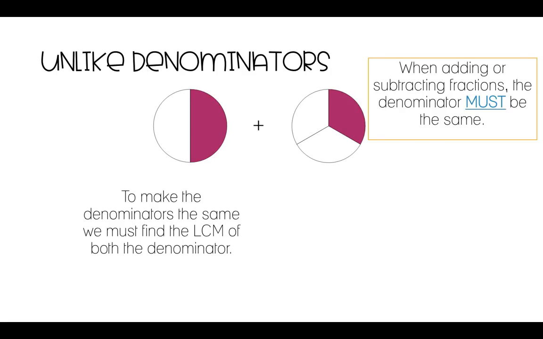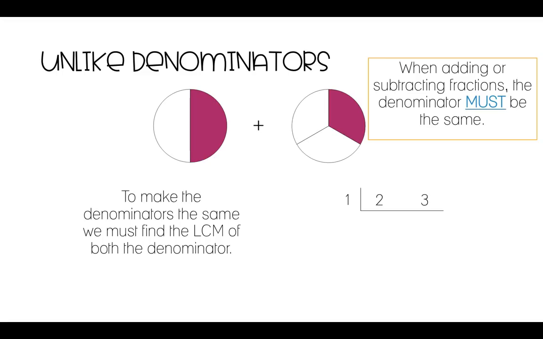So to make the denominators the same, we must first find the LCM of both the denominators. Now you should know how to find the LCM, but I will show you again. So 2 and 3, that's our denominator: 2 for this one because it's 1/2 and 3 for this one because it's 1/3. Now what goes into both of these? Well, 1 goes into both of these, that's our highest common factor.